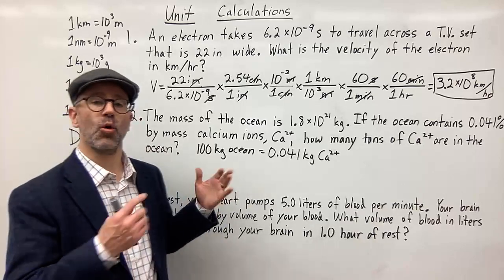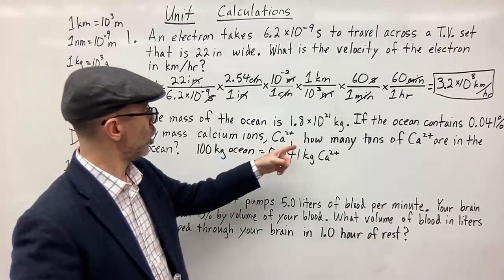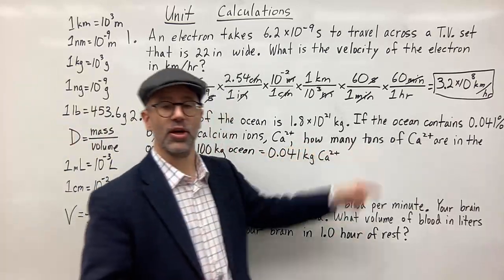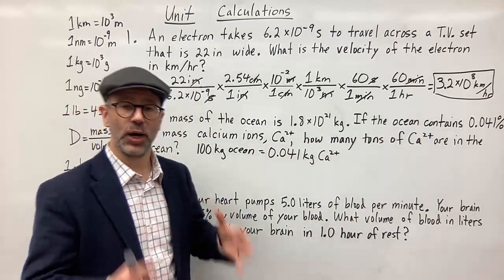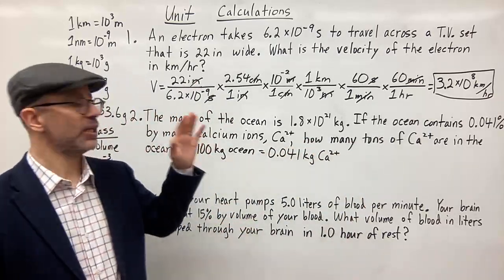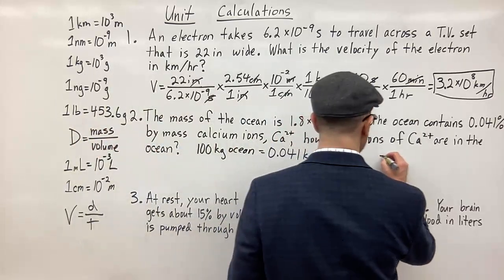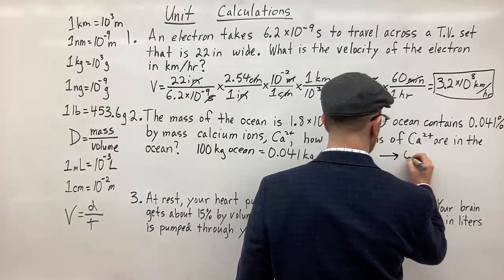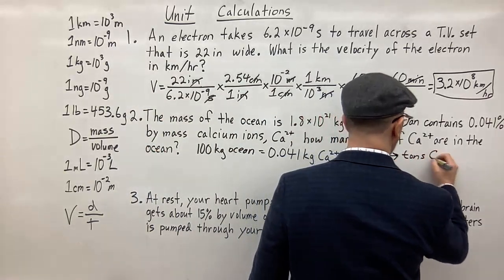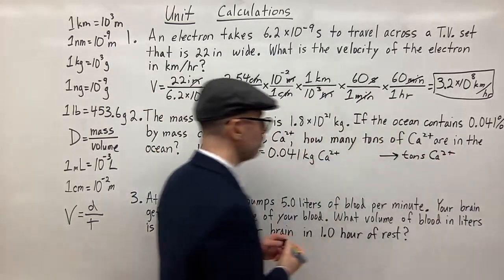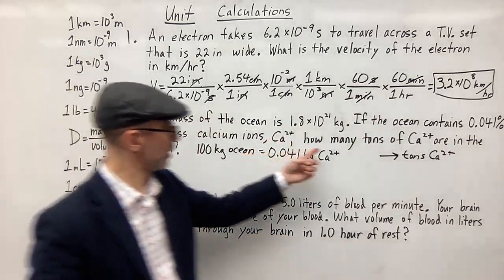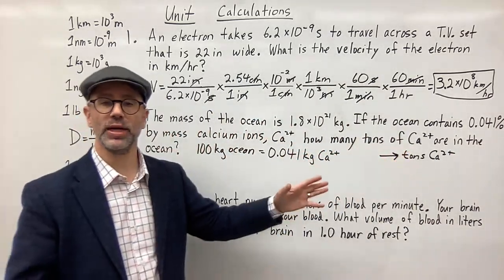So we need to figure out where we need to end. So how many tons? So the beginning of the question is the end of our problem. The beginning of this question is how many tons? So we need to get to tons of calcium ion. That's where we got to go.